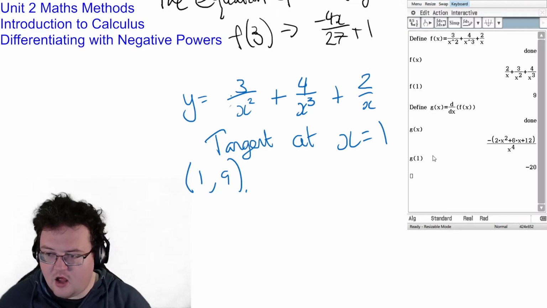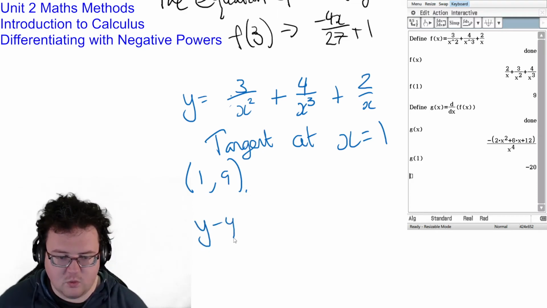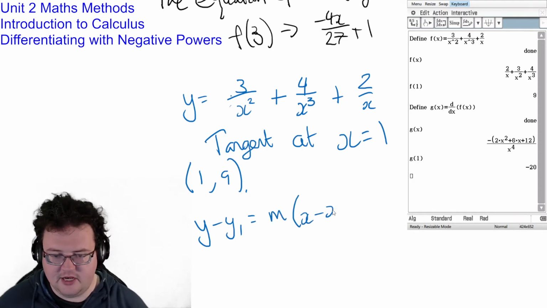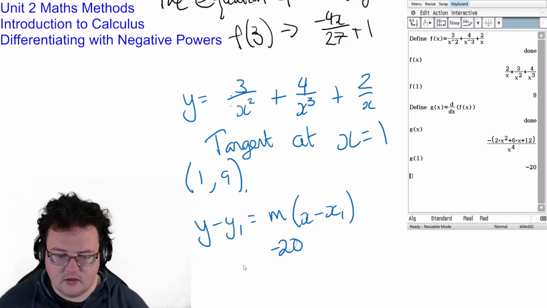So from that, I can now do my formula. y minus y1 equals m bracket x minus x1. I know that m is minus 20. I know that x1 is just 1. And I know that y1 is 9.